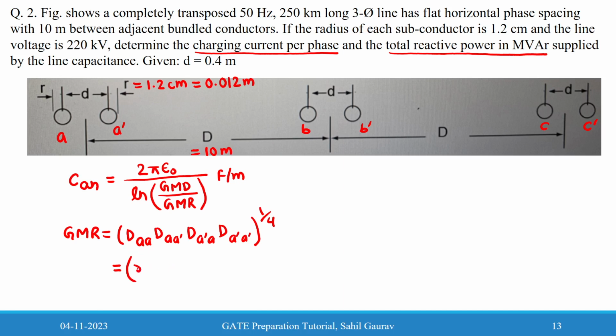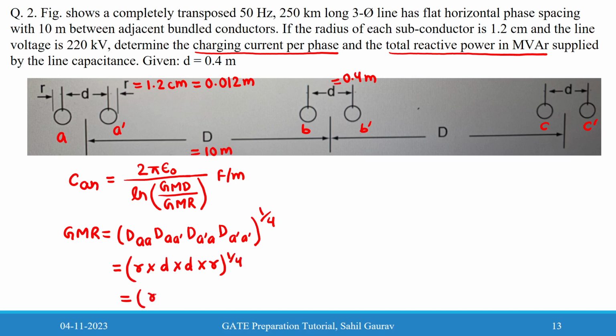So this will be R. And Da a dash will be D, the distance between the subconductors, small d, 0.4 meter. So this is d only, and Da dash a is also d, and Da dash a dash is with respect to R. R only. Correct. Very good. So this is 1 divided by 4.